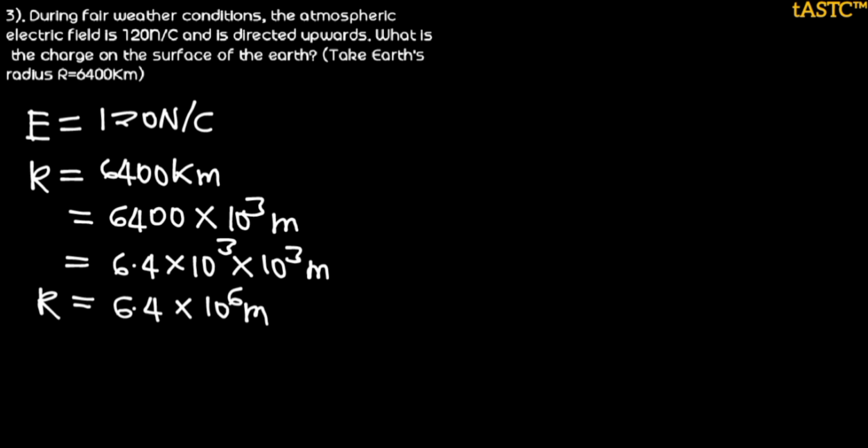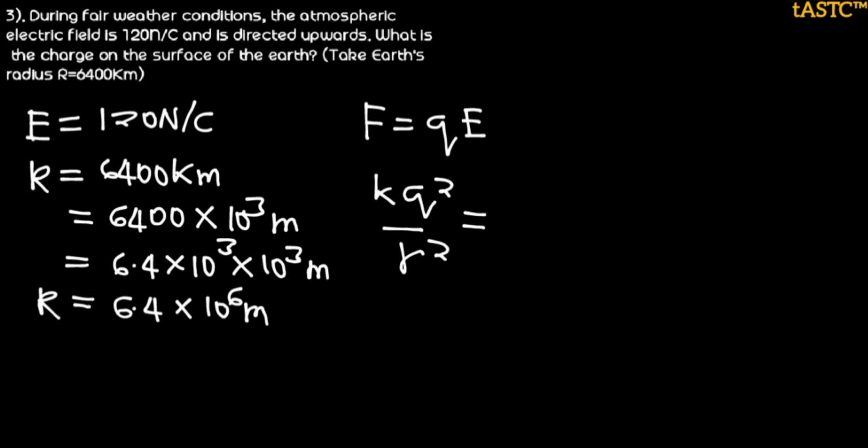Now we know that F is equal to QE. Now this stuff we have already said is equal to KQ squared divided by R squared. Now we could take one of the Q's away. So E is going to be equal to KQ divided by R squared. Now what is K?